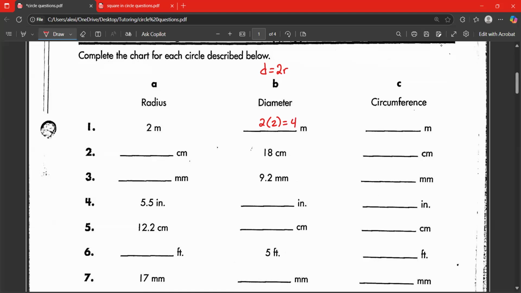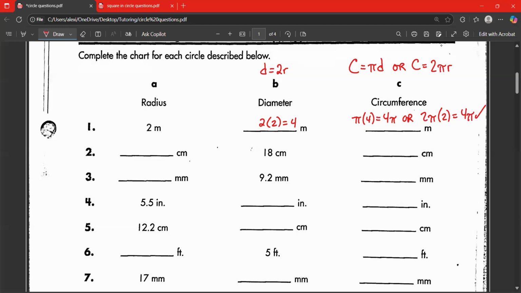For the circumference, I can use pi times diameter, or 2 pi times radius. Either way, I end up with pi times 4, which is 4 pi.